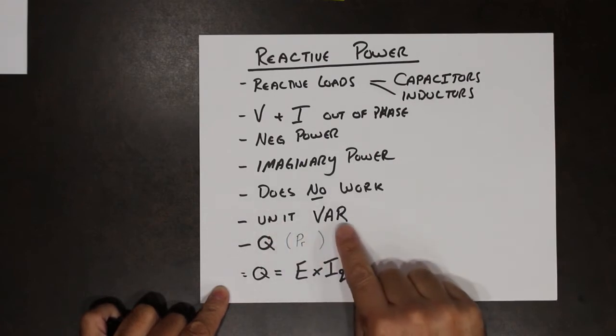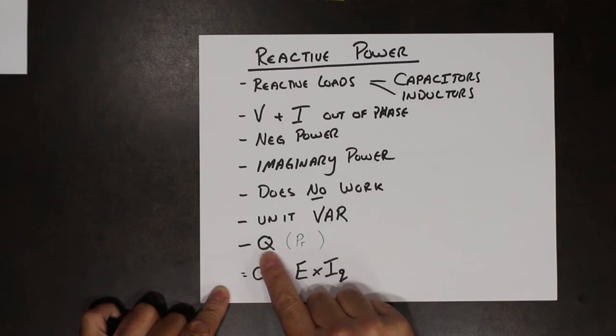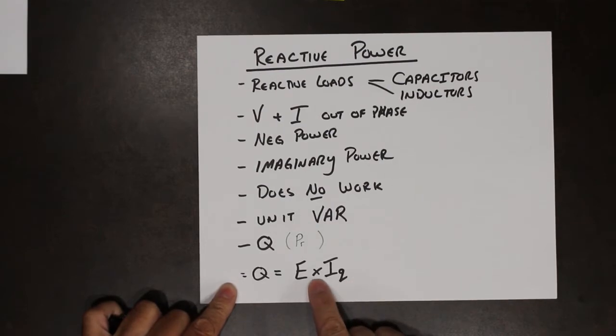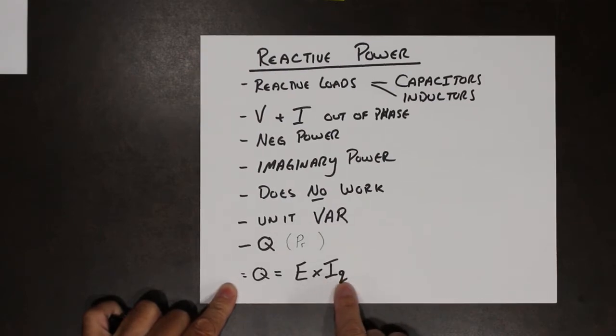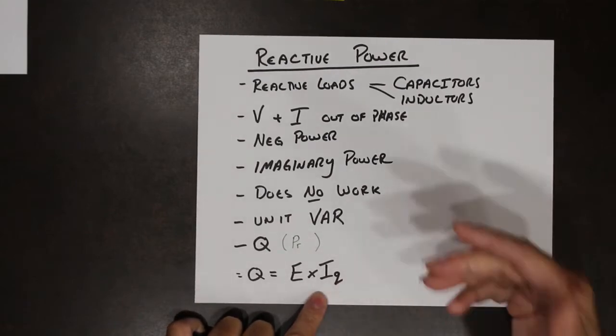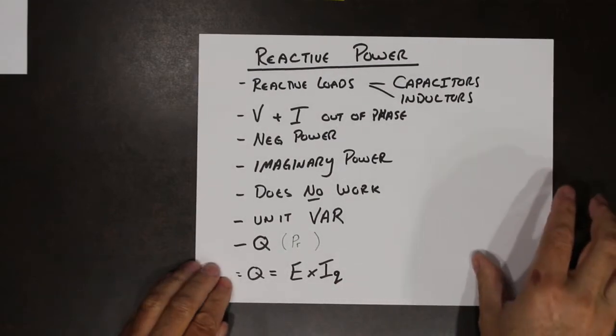The unit is the VAR. The symbol is Q, and the formula is E times I of Q, again the current flowing in the reactive part of the load.